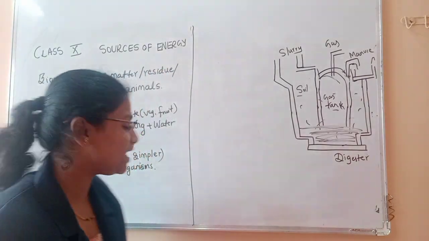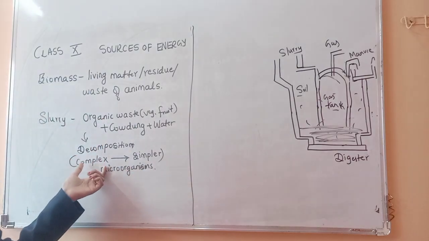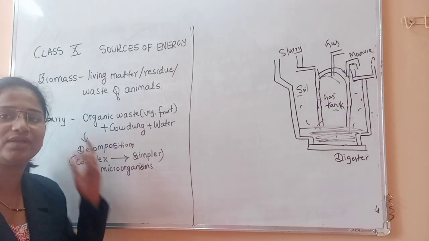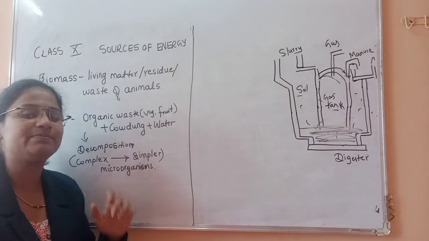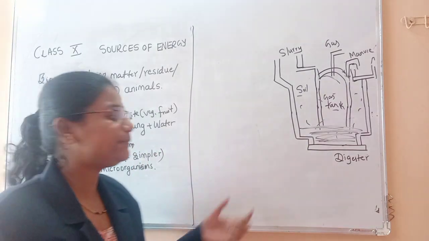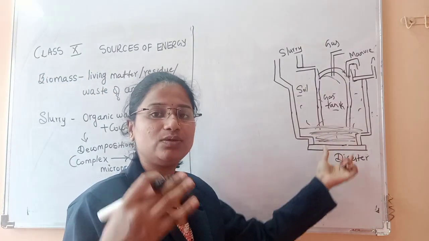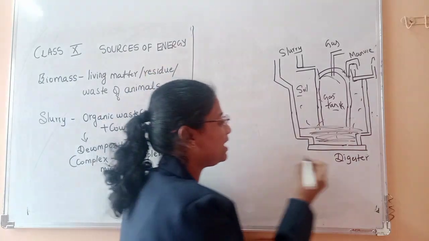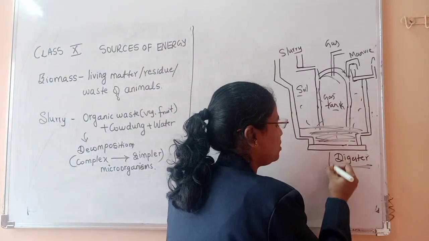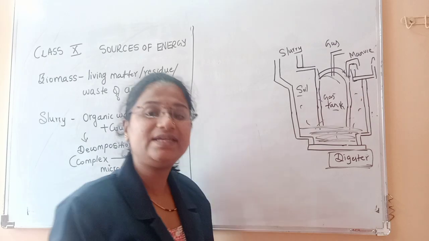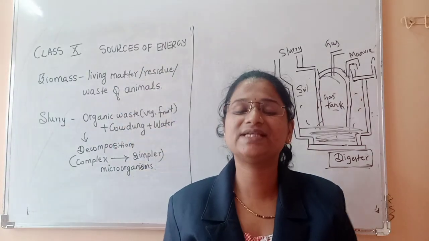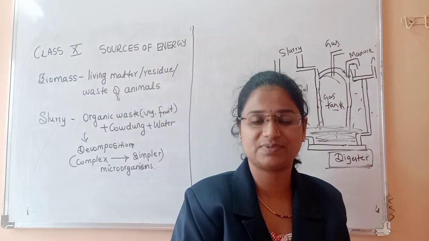These microorganisms break down the complex substances in the organic waste into simpler substances. The part of the tank where this process goes on is called the digester. It digests, meaning it converts complex substances into simpler substances.